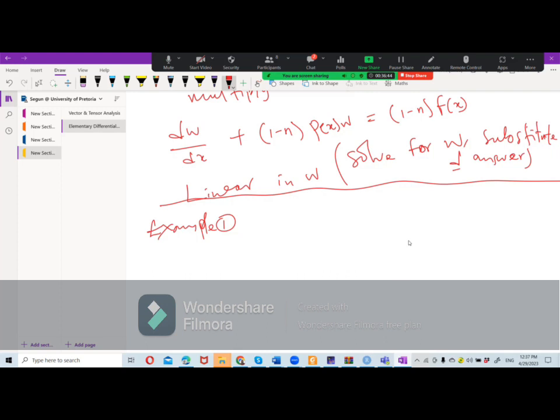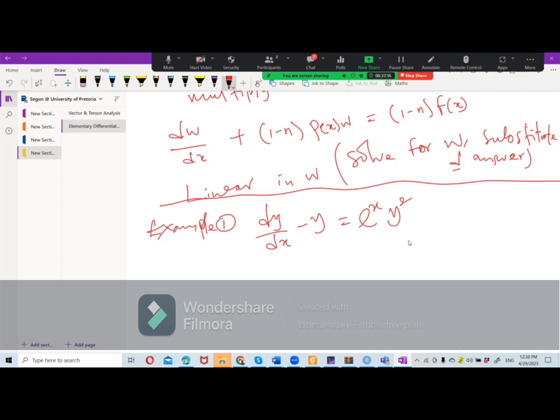So example 1 says dy/dx minus y equals exponential x, y squared. So the question is, how do I know what to do when I'm given this type of question?